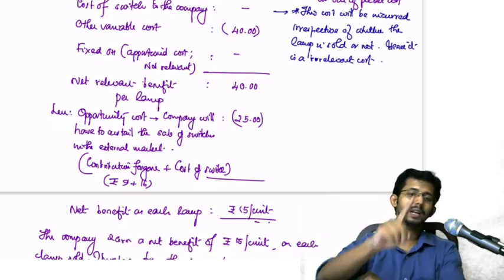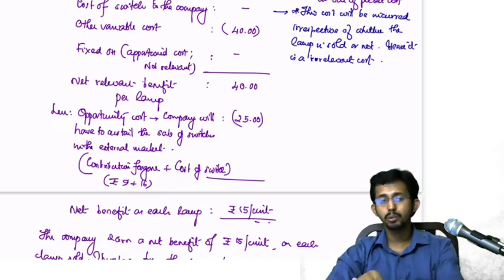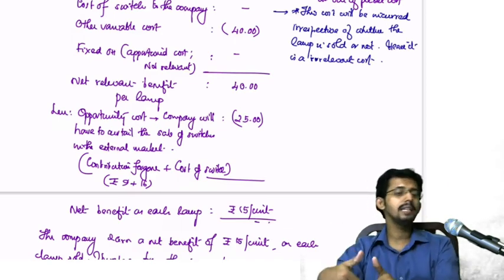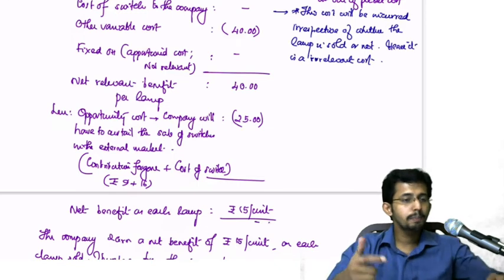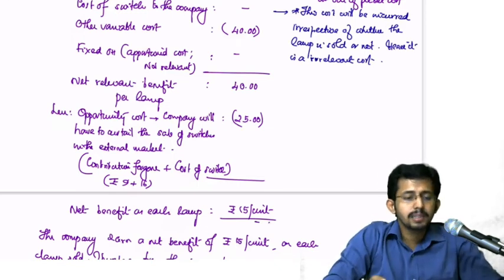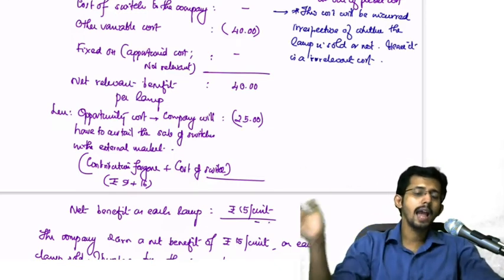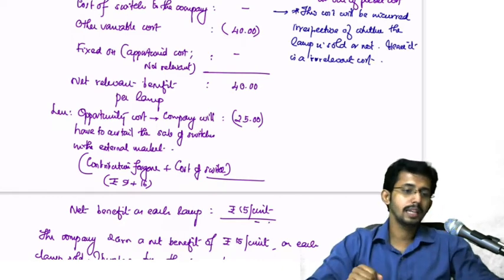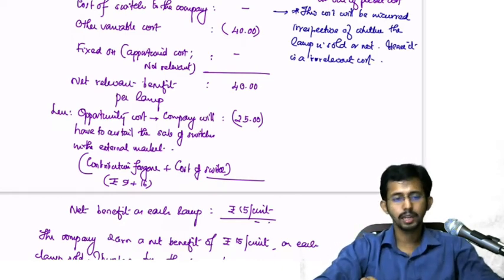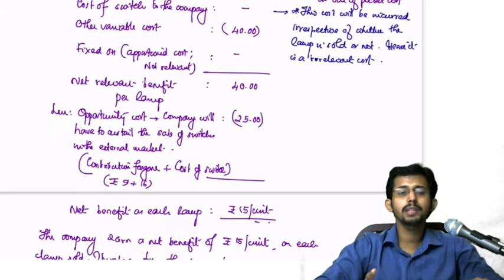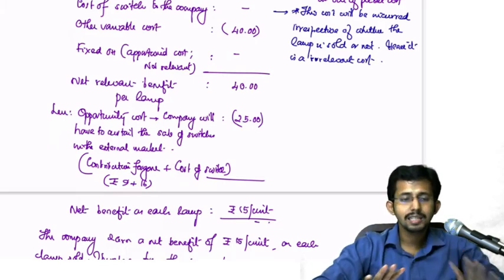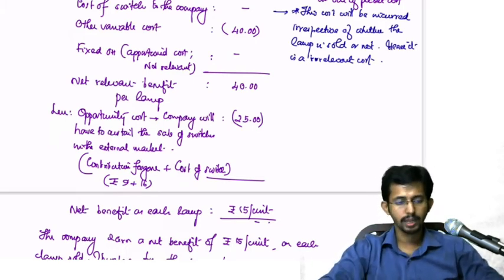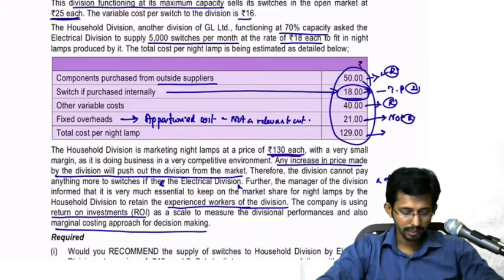But on selling one lamp, they are getting 40 rupees. So as far as the company is concerned, it is always better to curtail the sale of the switch and to sell the lamp. That is from the company's perspective. But from the division's perspective, it is better not to do the internal transfer. So there is a conflict of interest.